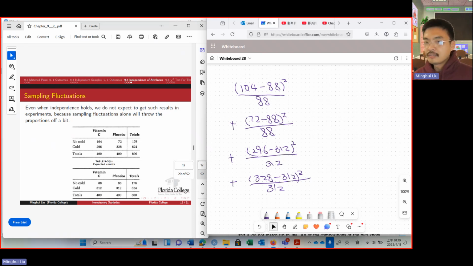Of course, at the end of the day, you just get some number, and this number itself does not tell you directly whether they are dependent or independent. Skipping the details, you would get a number which is approximately 7.46. Now we need to go to the back of the book, to the appendix, page 550, let's see.